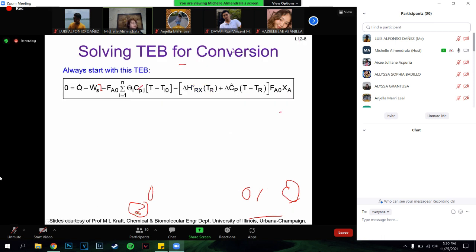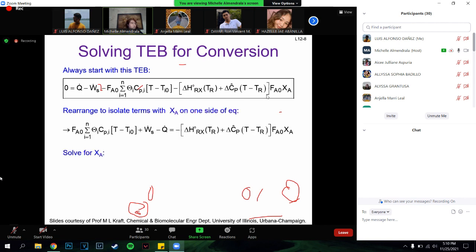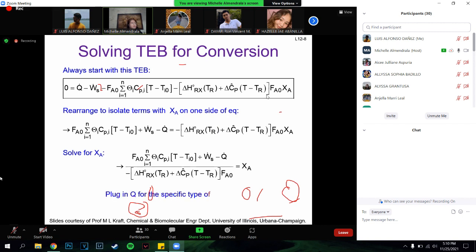You have the energy balance for conversion. Rearrange to isolate terms with X_A on one side of the equation, so we can define X_A in terms of T. The temperature is found on the upper and lower part of the fractional equation, but we simplify further to make the solution easy.